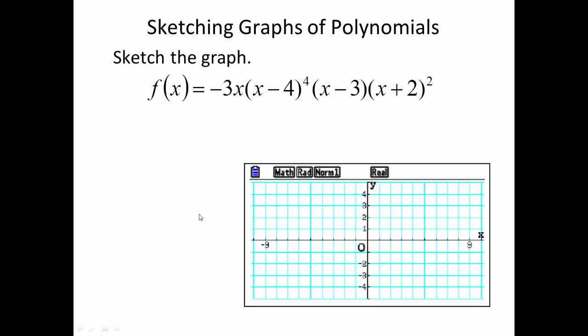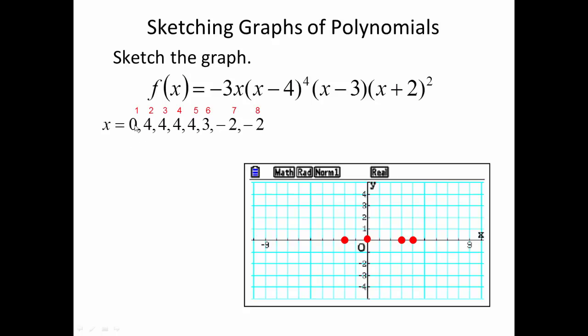See if you can draw this one on your own and unpause it once you've tried it. It's okay to get it wrong, but it's not okay not to try it, okay? Alright, so I have a 0, a positive 4, 4 of those, a positive 3, and then 2 negative 2's. So I'm going to put the 0, the 4, the 3, and the negative 2.